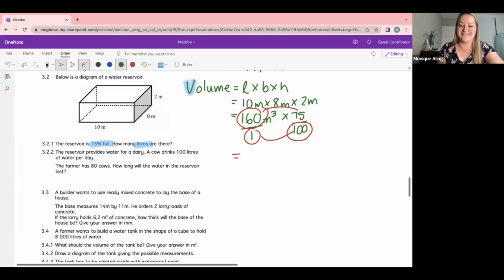Apologies, everyone. I see a lot of you corrected me in the chat. Thank you for that. Looks like you guys are actually awake. So if I say 160 times by 75%, I should get 120 meters cubed.